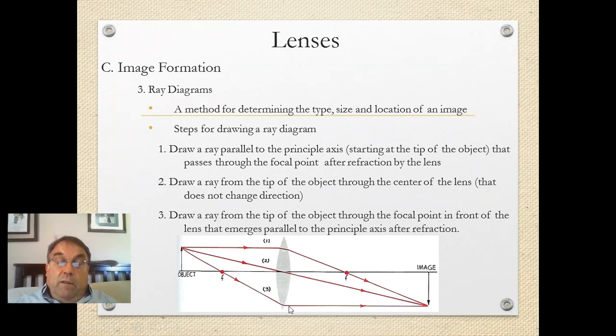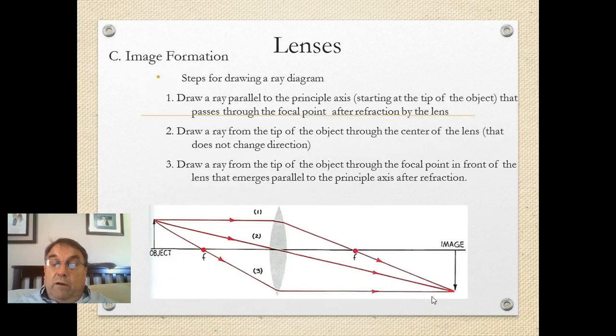It bends so that it becomes parallel, and it should cross where these other two cross. Now you have where the image is, and you should be able to tell what type of image it is. So now you draw the arrow, and this arrow just represents what the object is, whether it's a candle or a flag or a person, and then this would be the image.